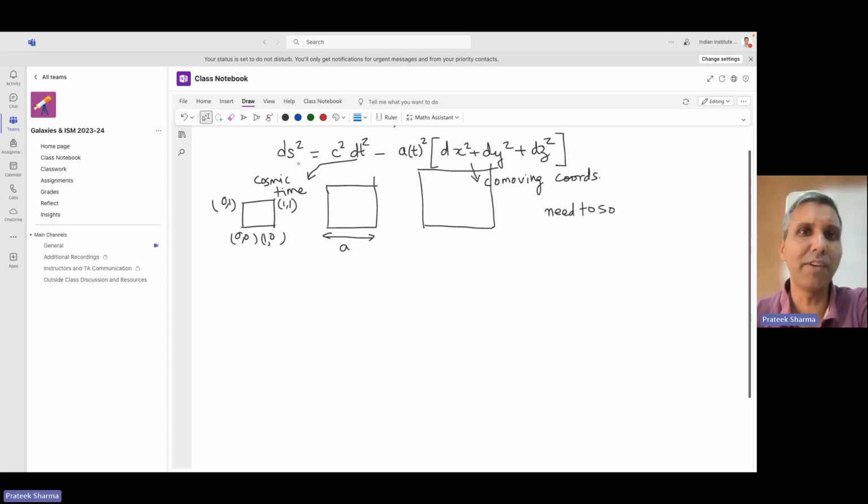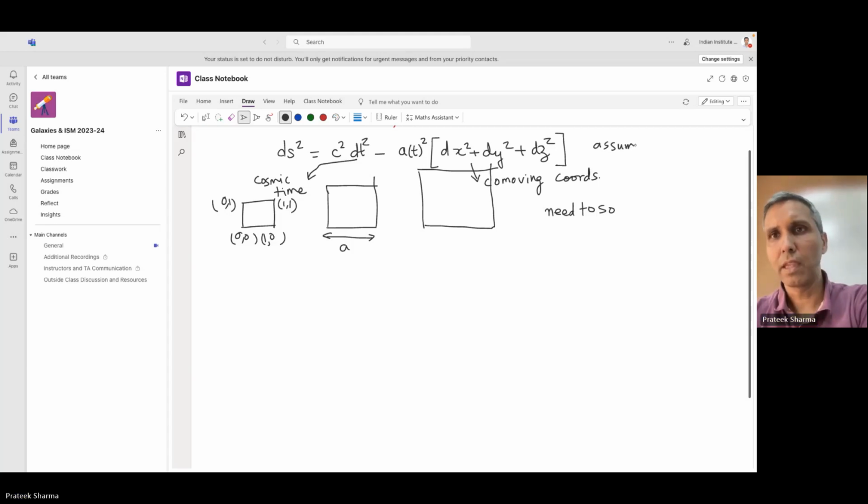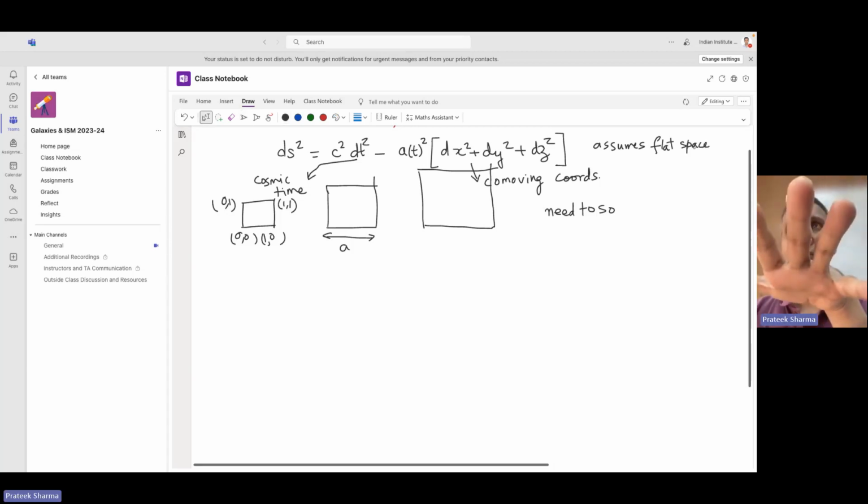This form of the interval is just given by symmetry arguments, and this assumes flat space. That is, there is no curvature to space-time, and this is consistent with the cosmological parameters that we have now.